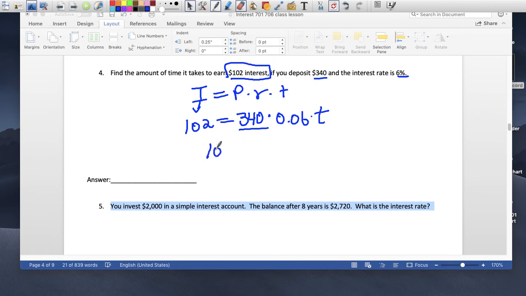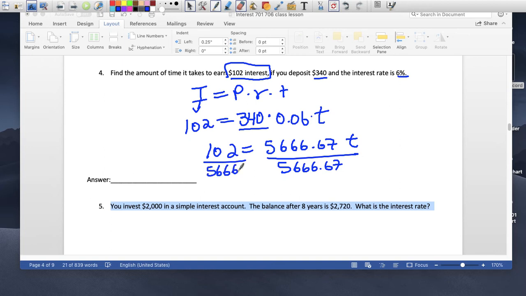So 102. So I'm going to multiply 340 times 0.06, which is 5,666.67t. Divide this by 5,666.67, and likewise on the other side. This is not right.